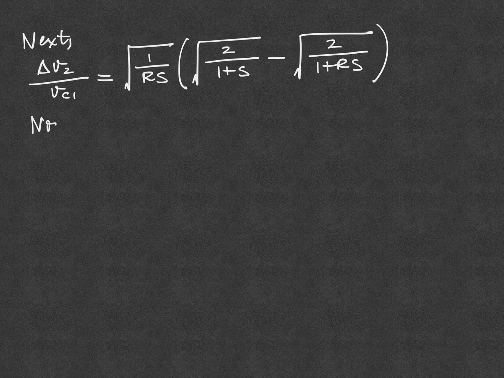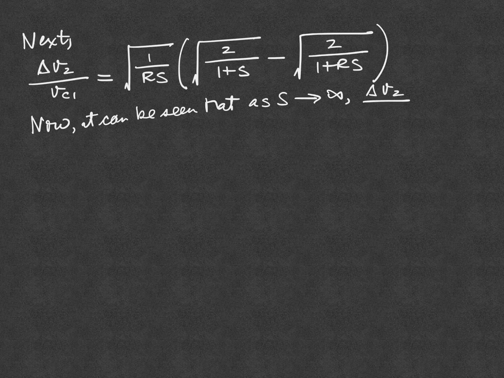It can be seen that as S approaches infinity, delta V2 all divided by VC1 goes to 0, because S is in the denominator of all three of these square roots.